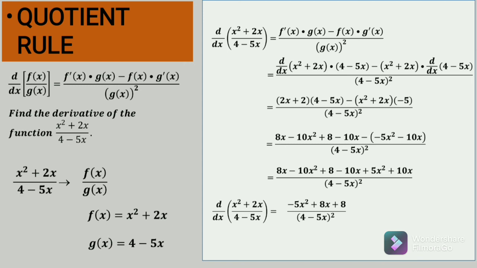Then copy the denominator. So the answer in our problem, find the derivative of the function x squared plus 2x over 4 minus 5x, is negative 5x squared plus 8x plus 8 over quantity 4 minus 5x to the power of 2.